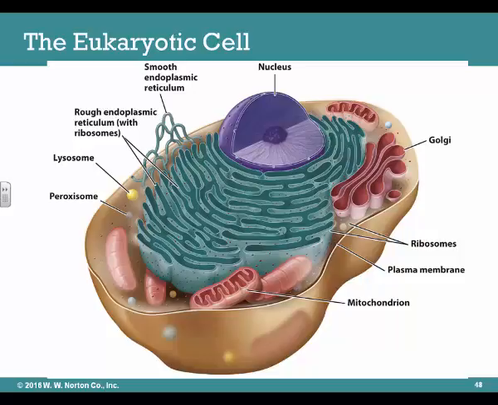Really the workers of the cell are the proteins, and remember that's 15 to 16% of a cell, whether it's a prokaryotic cell having around 16% protein or a eukaryotic cell having around 15% protein. Those are the key macromolecules that enable a cell to function and stay alive.